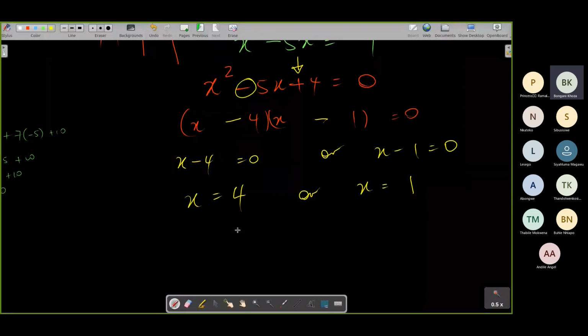So now we have these as our solutions. x is equals to 4 or x is equals to 1. So now we check, are those solutions correct? Can you guys check?